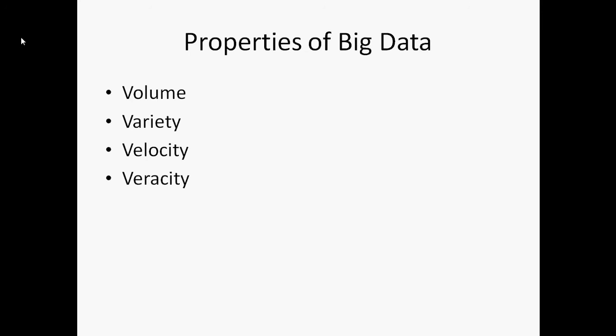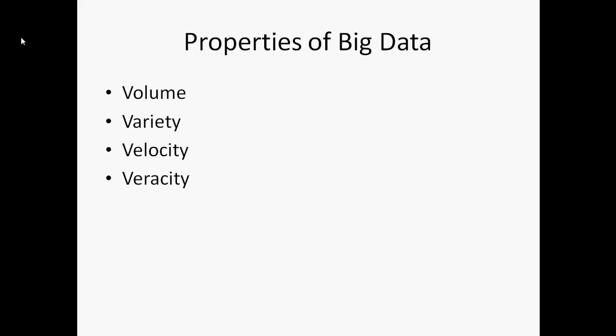Now, what do we mean by volume? Volume is directly related to the size of the data. And as we discussed, due to the evolution of the internet and social media channels, the volume of data is enormous and is getting generated in an enormous way.